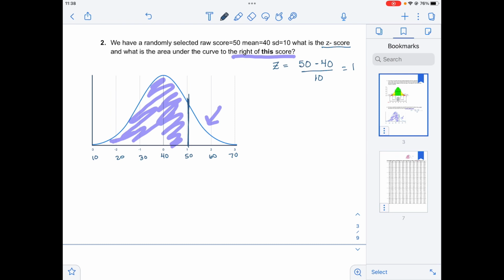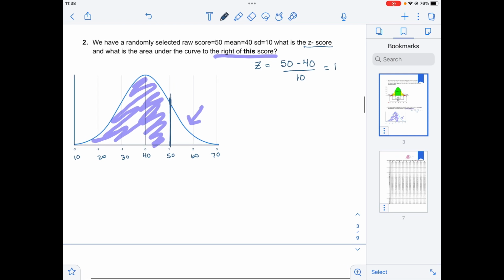That means that this Z score correlates to 0.84134 of the area under the curve. So this is our stopping point. All of this over here is 84% of the data. For this particular person, they scored in the 84th percentile, so they're better than 84% of the people that took it, even though they just made a 50, which is kind of daunting, right? You think, oh my gosh.